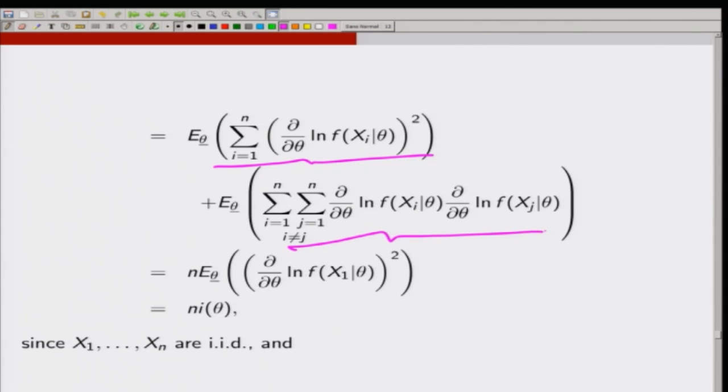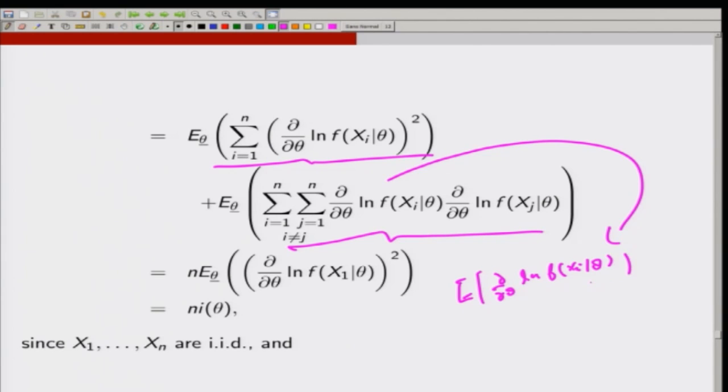Now note that because of independence, the inside quantity would become the expected value of ∂/∂θ log f(Xi|θ) times the expected value of ∂/∂θ log f(Xj|θ). But Xi and Xj have the same distribution, so the cross product term will contribute this, with summation i equal to 1 to n, summation j equal to 1 to n. But what is this quantity?